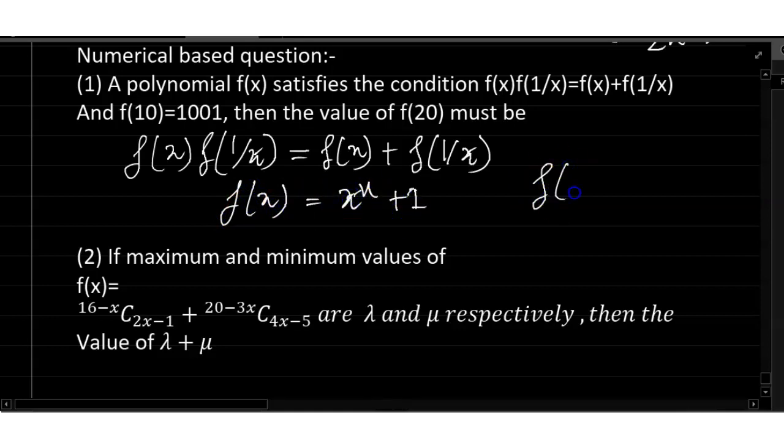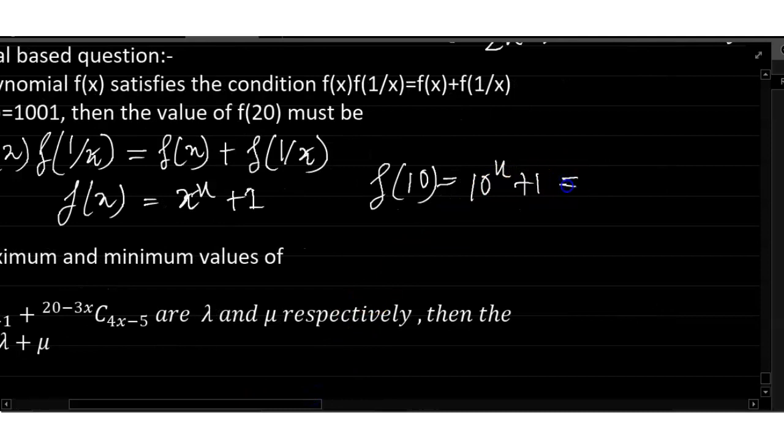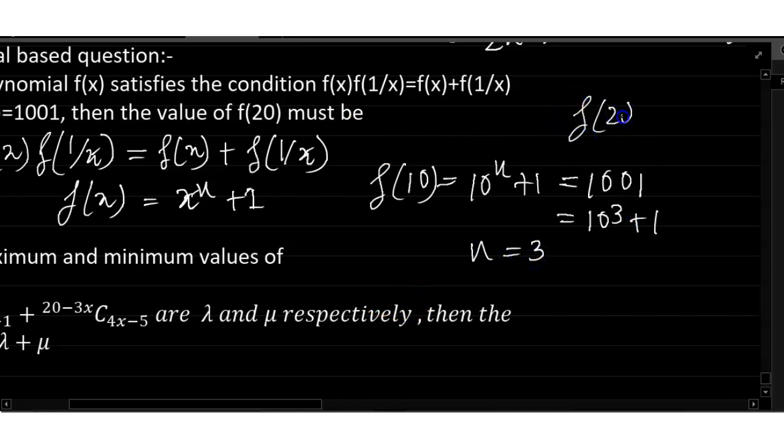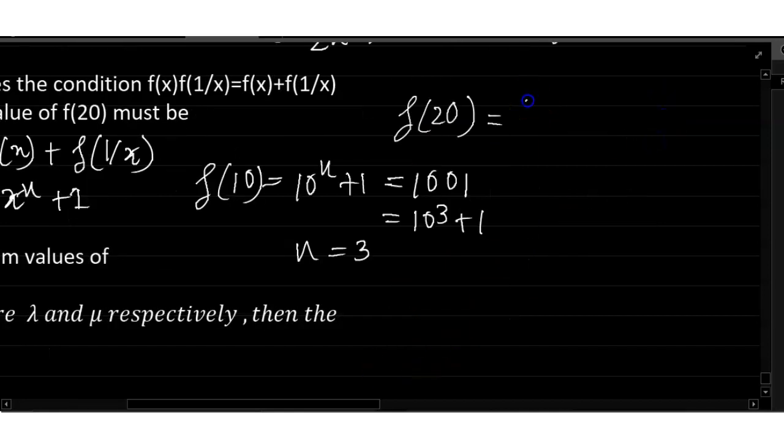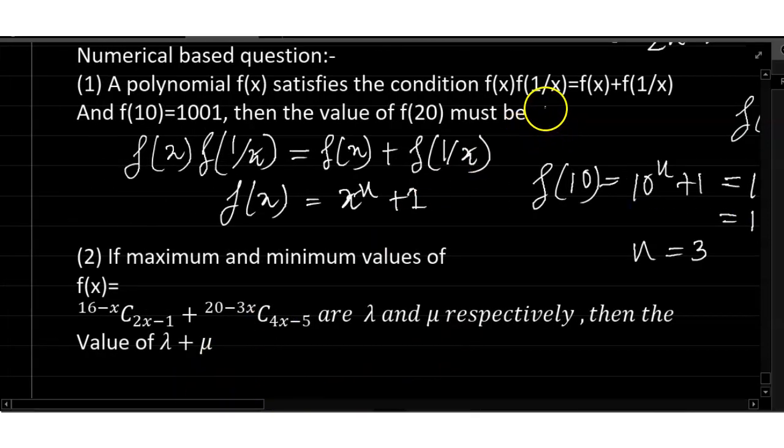If f(10) equals 10 to the power n plus 1, equals 1001, which is 10 cube plus 1, so n equals 3. So f(20) equals 20 cube plus 1, which is 8001. So the answer is f(20) must be 8001.